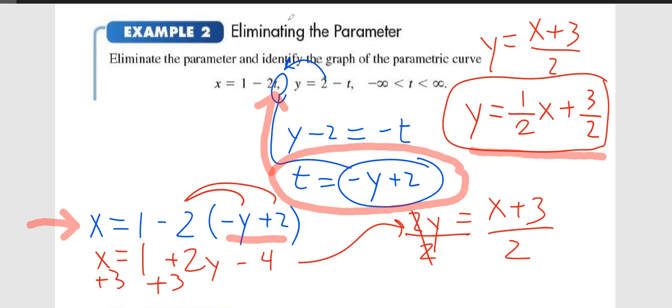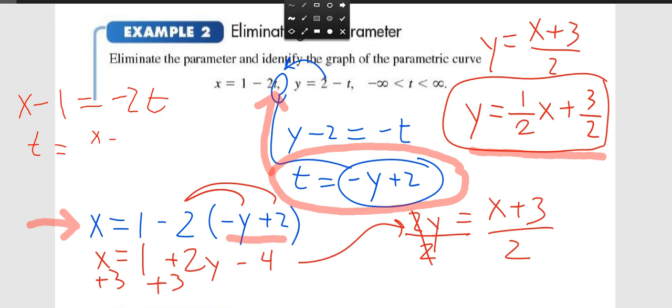Now, could I have done it a different way? Could I have said, okay, so I'm going to take the first equation, I'm going to solve it for t, so that'd be x minus 1 equals -2t, and t equals x minus 1 over -2.